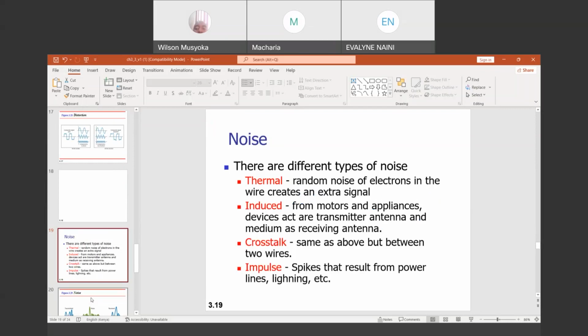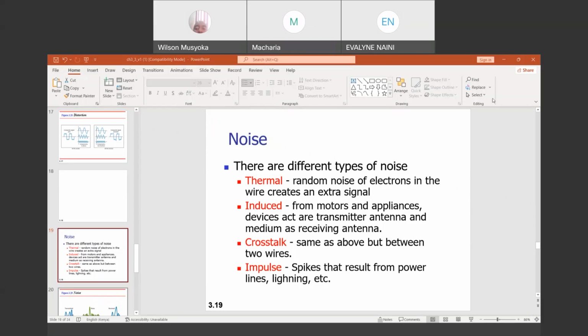And noise is defined as any unwanted signal that gets added to the transmitted signal, by which the resulting transmitted signal gets modified, and at the receiver side, it is difficult to remove the unwanted noise signal. So that is what we mean.